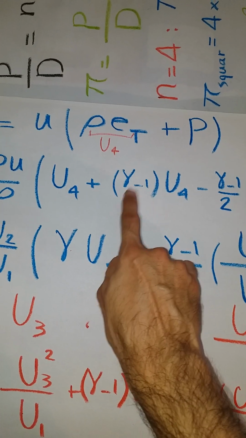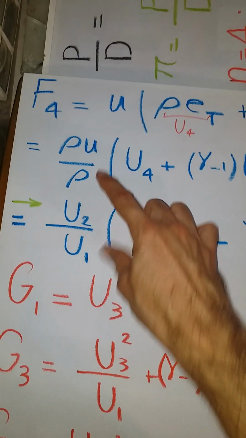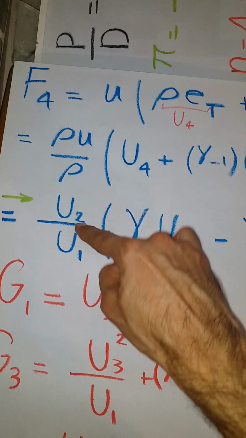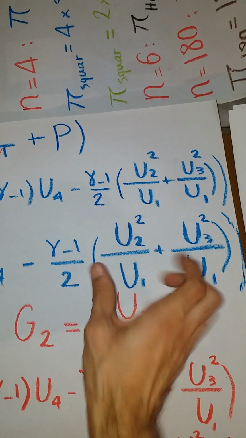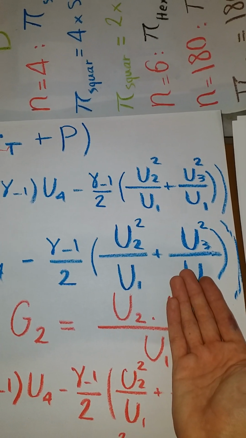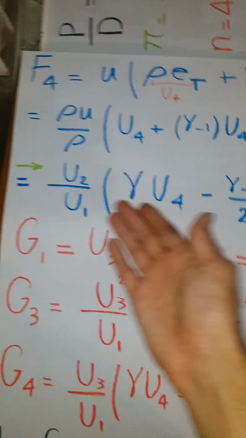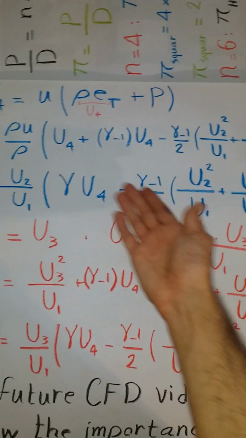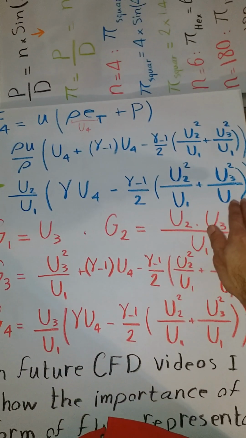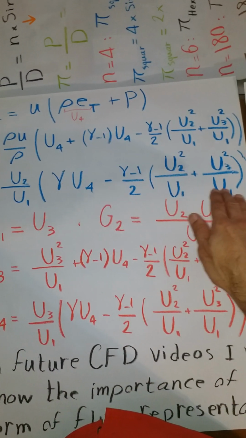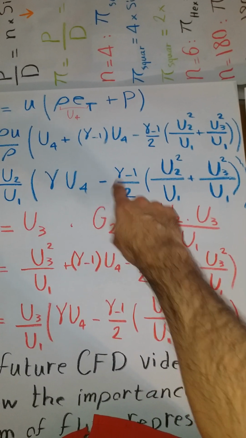There will be a gamma multiplied by u4 here. This is, as I said before, u2 over u1. And for this one, just substitute from pressure derivation, just here. And that's all. As you can see, F4 has been written in conserved form. All the variables are the conserved ones, and gamma is a constant value.